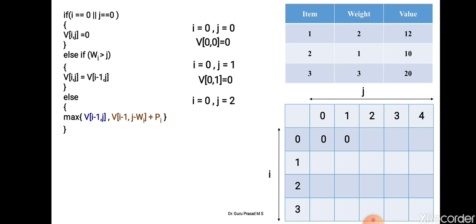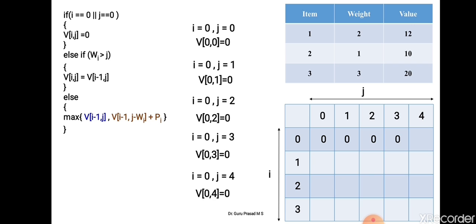Similarly, i equal to 0, j equal to 2, the if condition is satisfied, V of 0, 2 equals 0. Next i equal to 0, j equal to 3, so V of 0, 3 equals 0. i equal to 0, j equal to 4, V of 0, 4 equals 0. All these values satisfy the if condition, so V of i, j is 0.